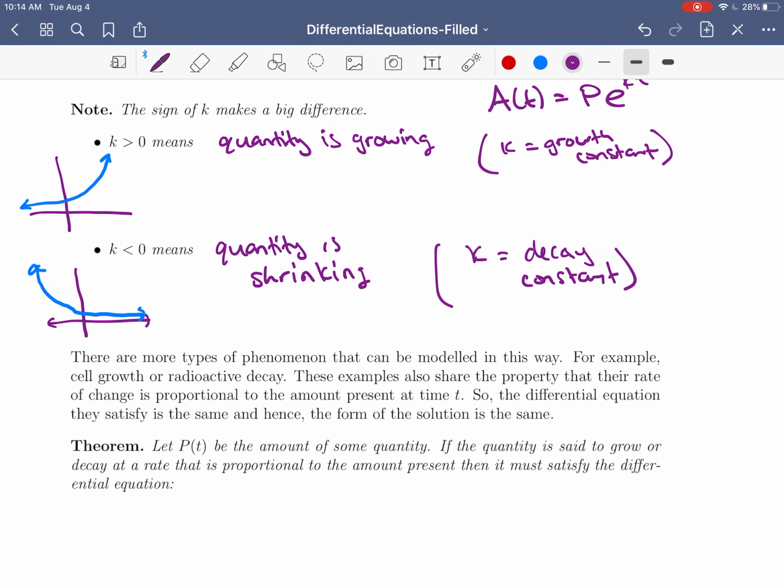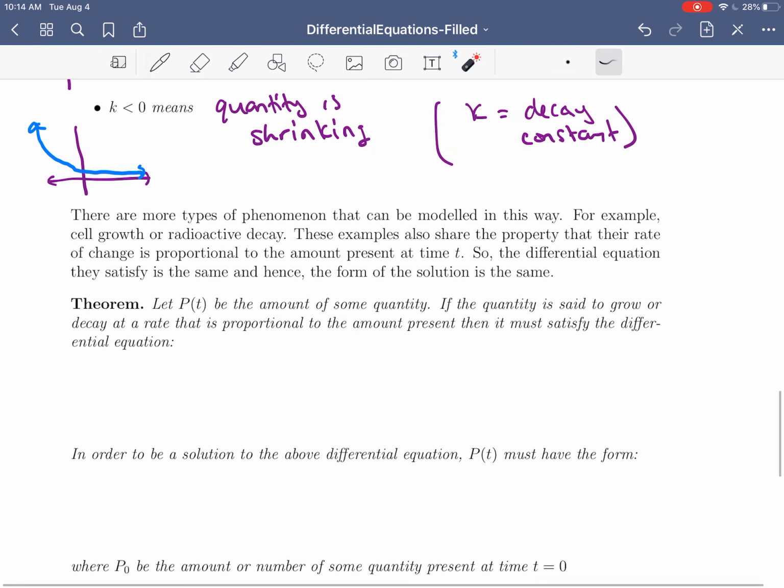That might happen when you're talking about, say, radioactive decay, which behaves like this. Cell growth is another one where it can be modeled this way sometimes. So there's lots of examples that share this property, that the rate is proportional to the amount present at time t.